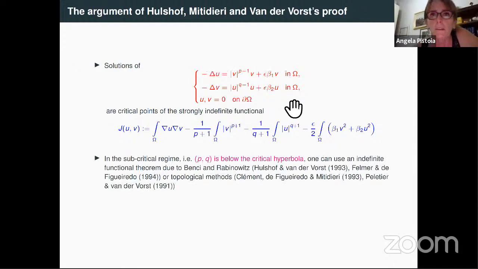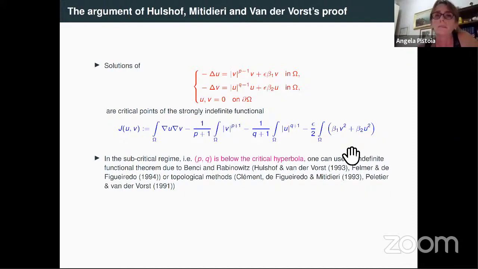If you look at this system, alpha is 0 in their case, solutions to this system are critical points of this functional here, of this strongly indefinite functional.